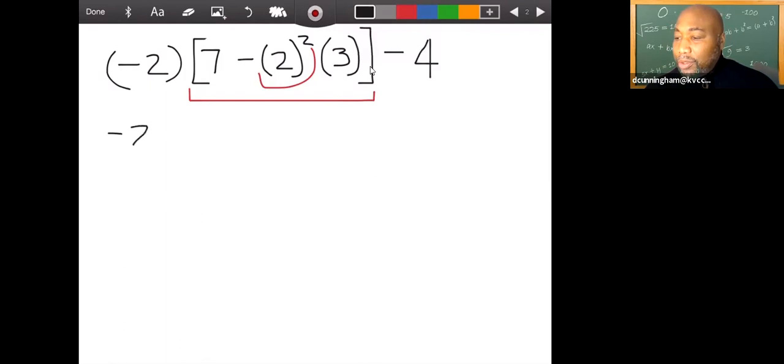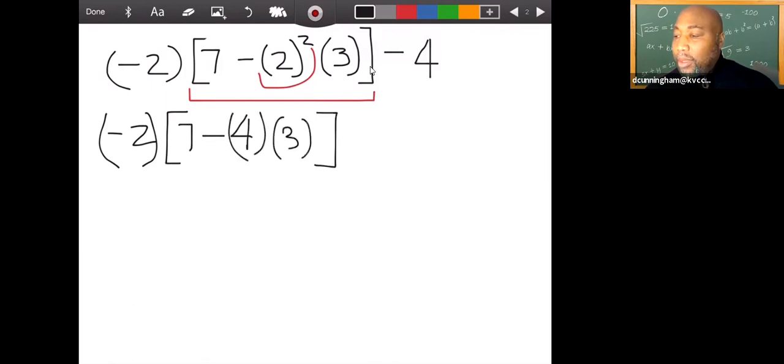I'm going to write down my work and show it. This will be -2, and I'll keep the parentheses to show it's -2. It'll be 7 minus 4, that's 2 squared, times 3, minus 4. Again, we continue to work inside the bracket.